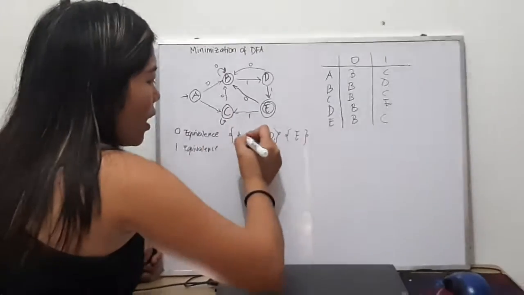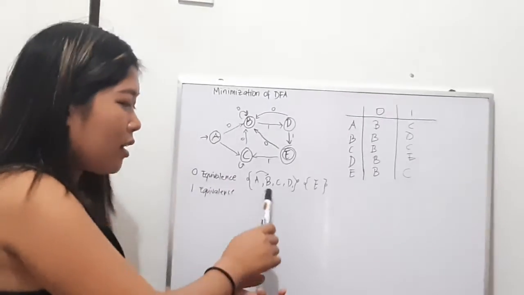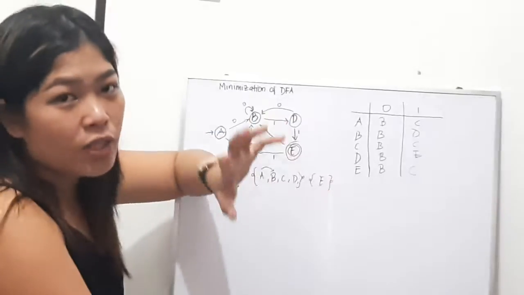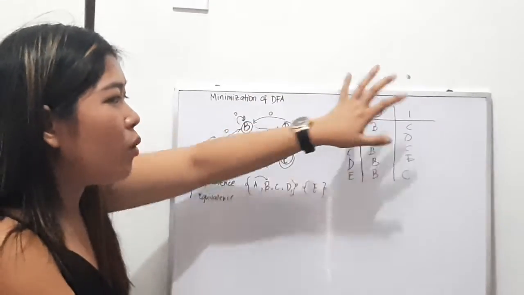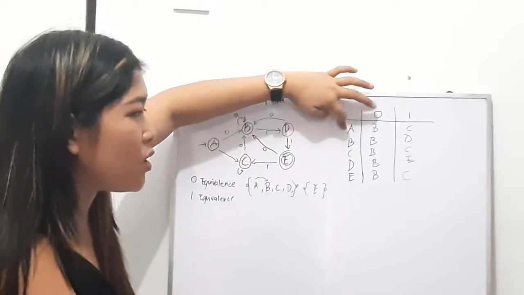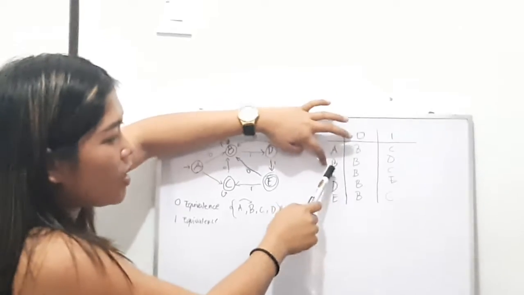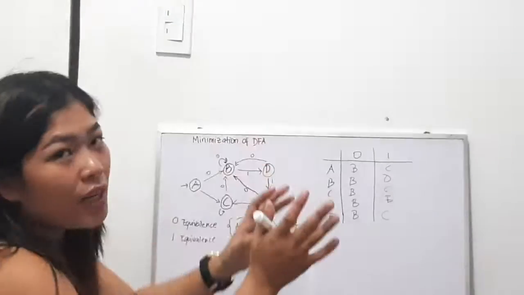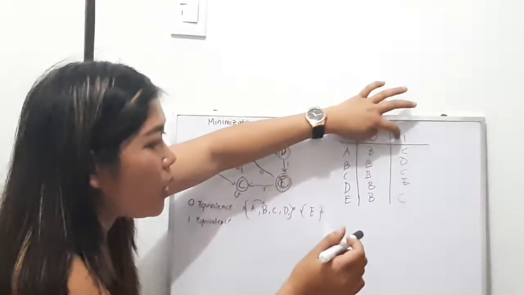So let's start with A and B. Let's check A and B here in the transition table to see if these states fall into the same set. A and B, given inputs 0 and 1, where do these states go? A given input 0 goes to B, and B given input 0 goes to B. Then the process is not done yet. We have to check for input 1.